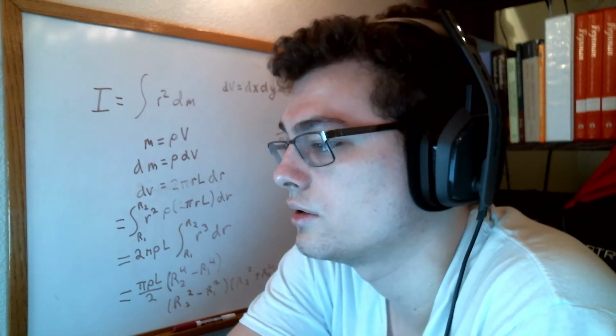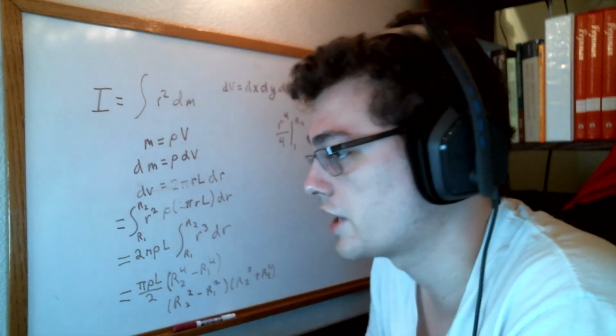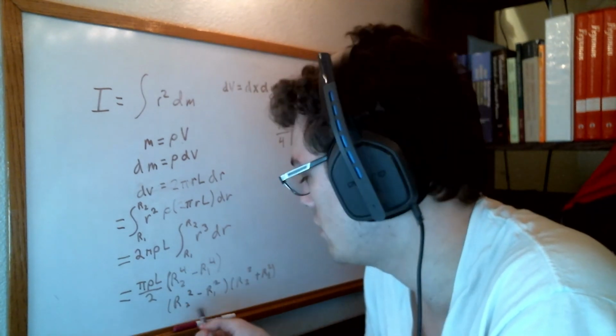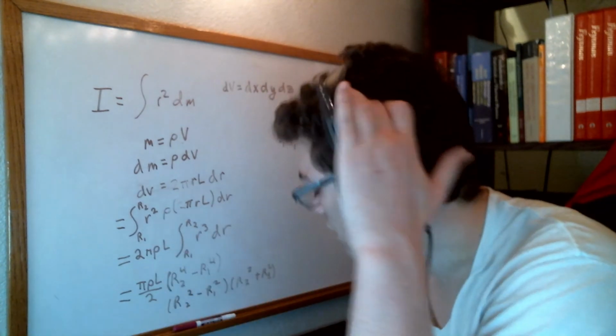And then, yeah, we're just using the difference of two squares, but in this case, we're going to have that A is equal to R2 squared and B is equal to R1 squared.